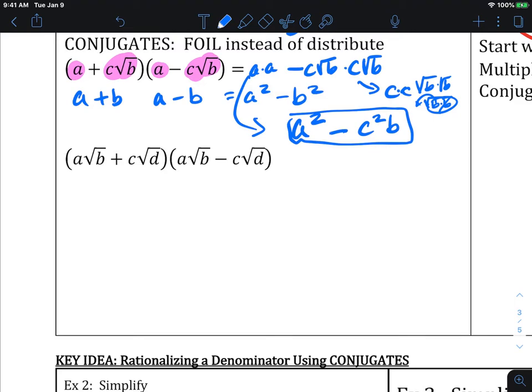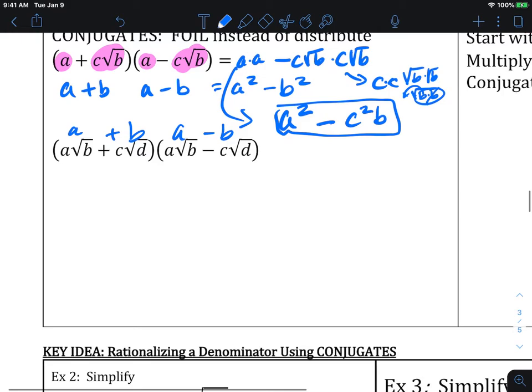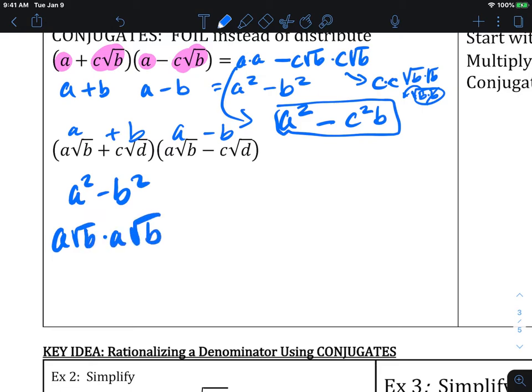So if I'm looking at just letters down here, wait, what does that mean? It means if this is your A, this is your B, and this is your A, and this is your B, A squared minus B squared is going to give me A radical B times A radical B minus C radical D times C radical D. All right, so what's going to happen?